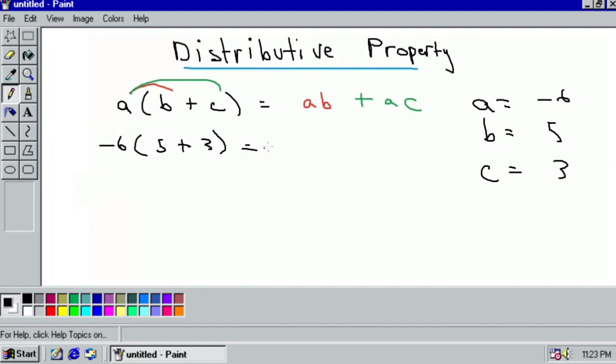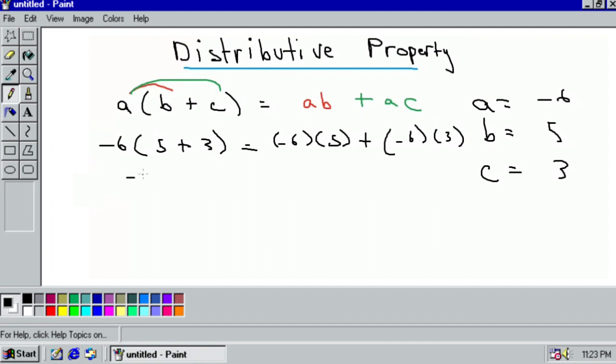So we have AB, so that's like negative 6 times 5 plus negative 6 times 3.